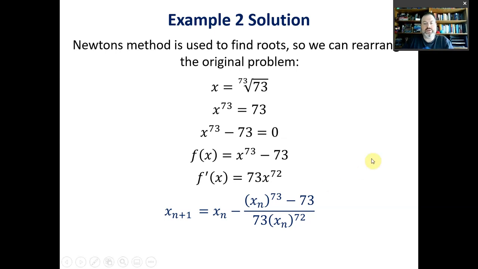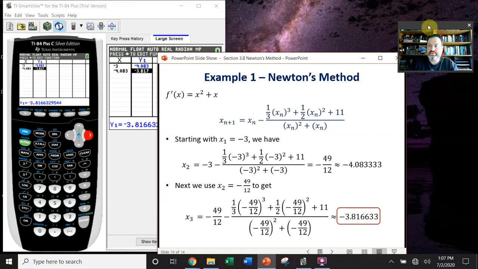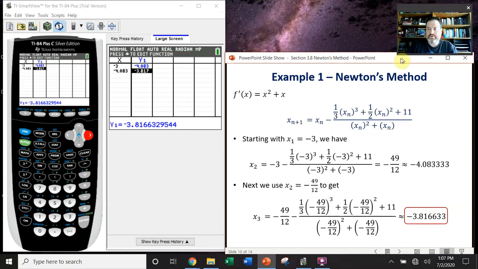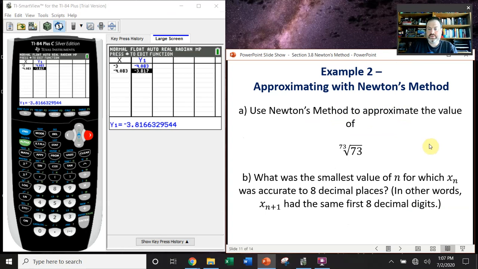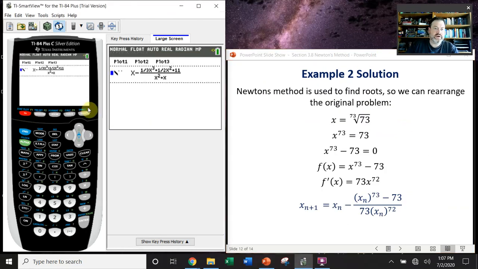Okay, so let me get my calculator fired back up here. And I'm going to put this in the y equals now. So the x can stay the same. All right.